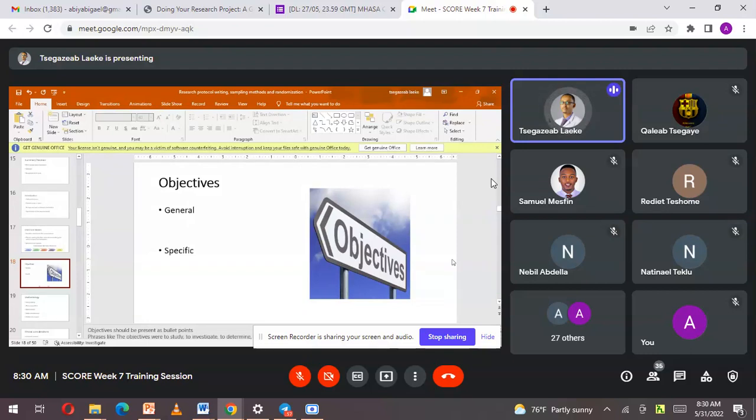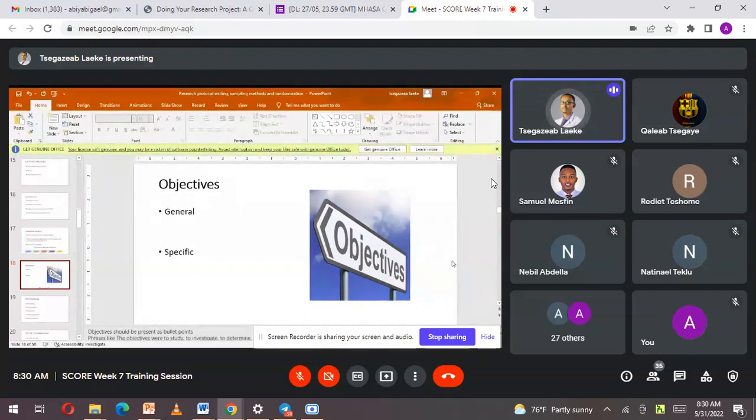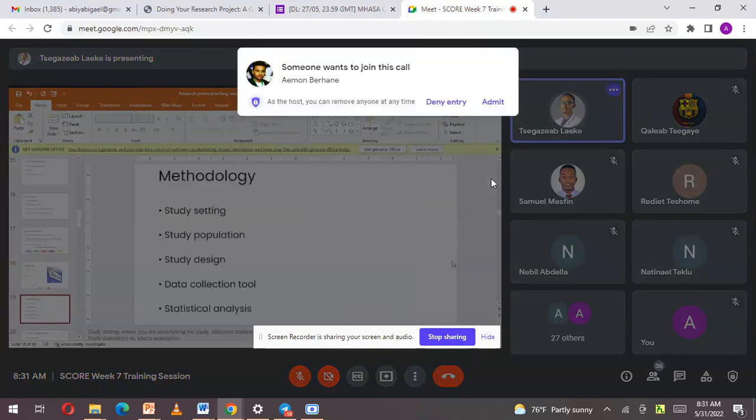It should be a phrase, and you really have to think about what you want to achieve at the end, broadly. Then specific objectives can be like 3-4 bullets for one research that you want to do.